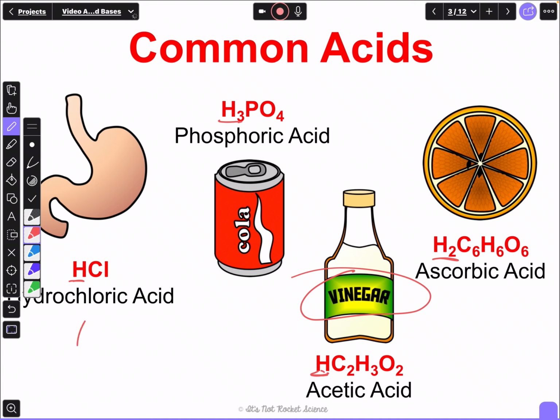H2S would be hydrosulfuric acid. H2SO4 is just sulfuric acid. H2CO3 is carbonic acid. So always look, if you have hydrogen in the beginning, then you're dealing with an acid.